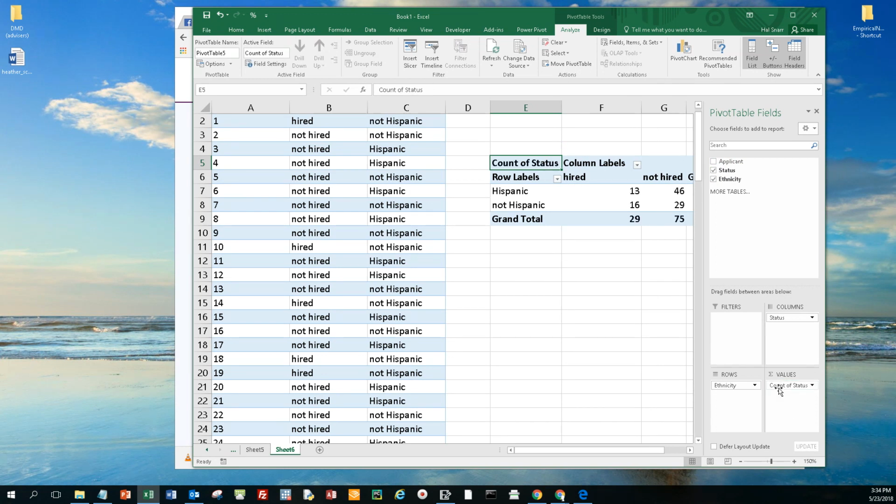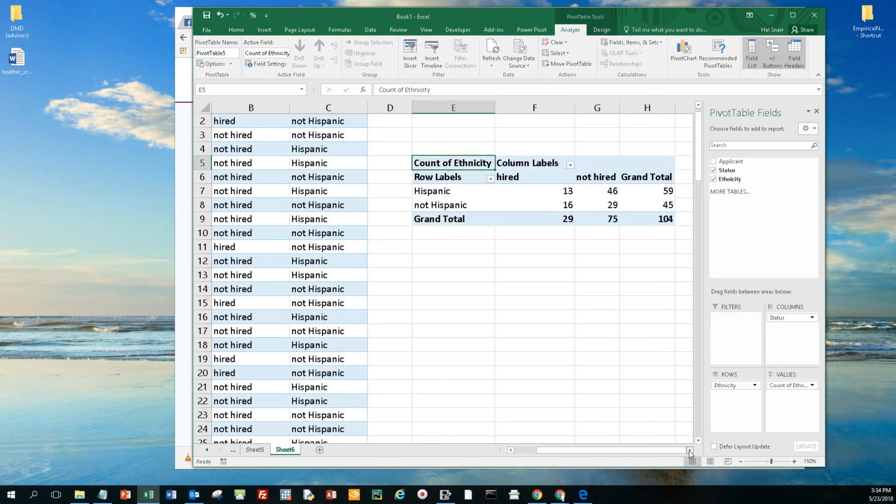And because status is a categorical variable, or qualitative variable, the default is count. Now I could have dragged ethnicity in here and I get the same thing. So because status and ethnicity are categorical variables, the default here is count.